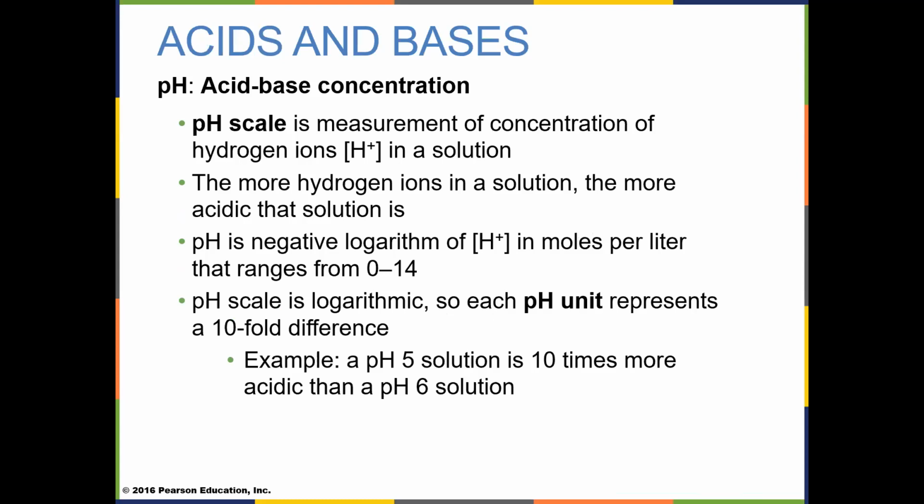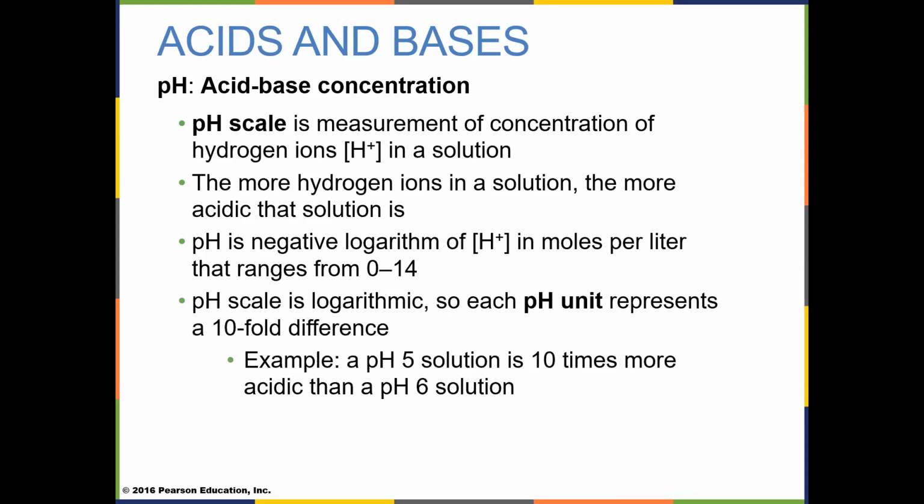And we can measure the concentration of these acids and bases in our bodies using what's known as the pH scale. It's simply a measure of the concentration of hydrogen ions. The more hydrogen ions you have, the more acid that's present.